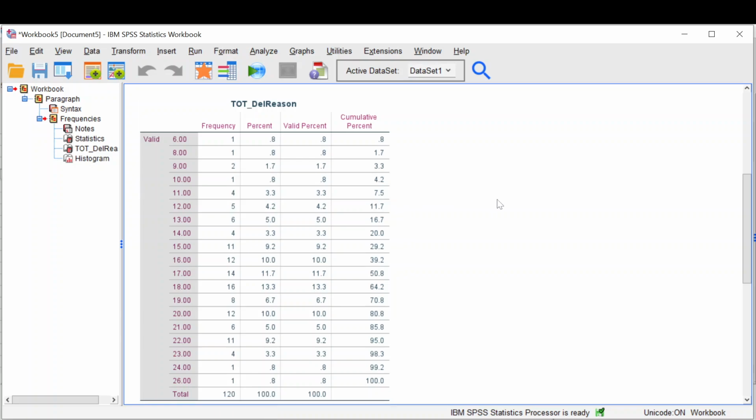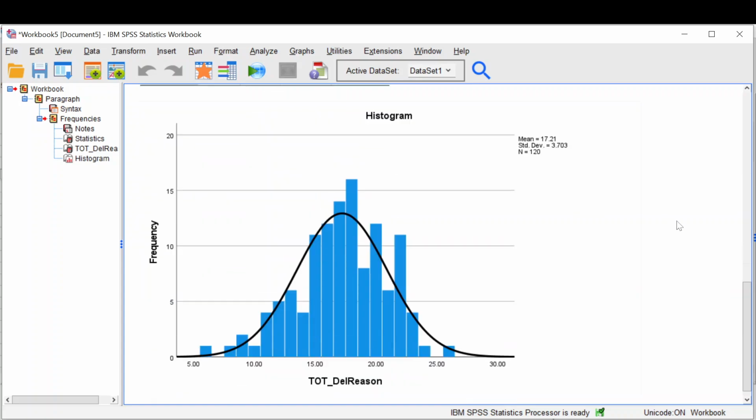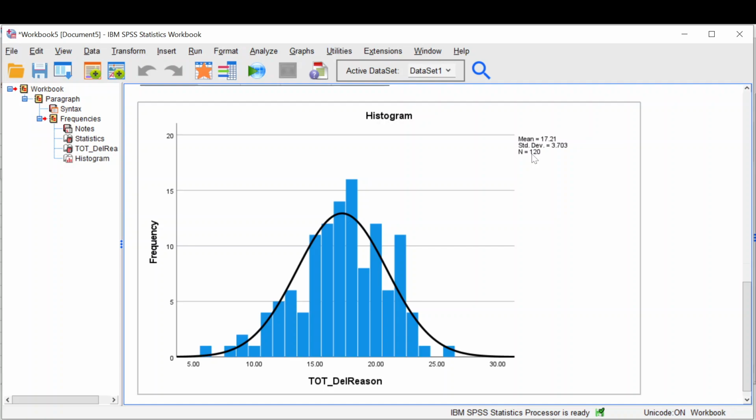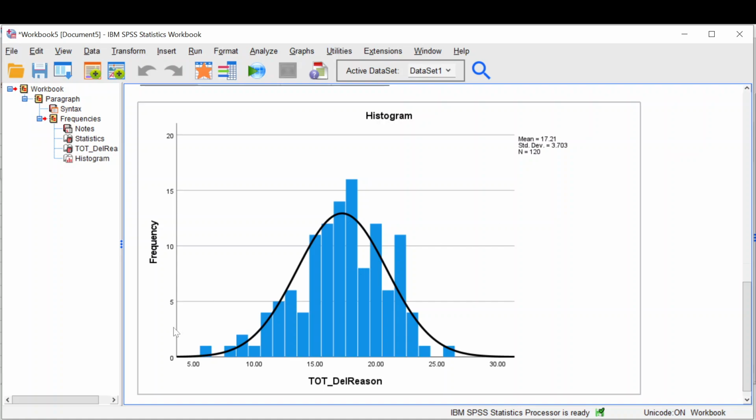However, the best way to view the normality, or to test the normality, of the data is to refer to the histogram. So here we have a histogram indicating our mean, our population size, and I will show you coming up what the standard deviation represents. But look at the curve here. You can see that it's a very nice steady curve up and then back down on the other side.